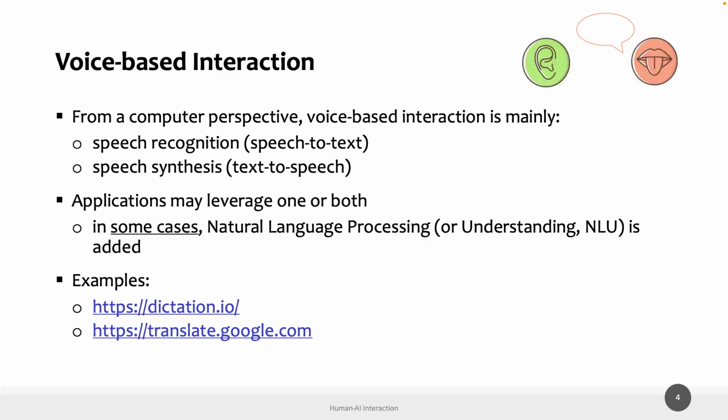But this is not always the case. There are also technologies that simply do speech-to-text or text-to-speech, without any natural language processing. Here are two examples, dictation.io, but also Google Translate. In this case, there is no natural language processing, I think.